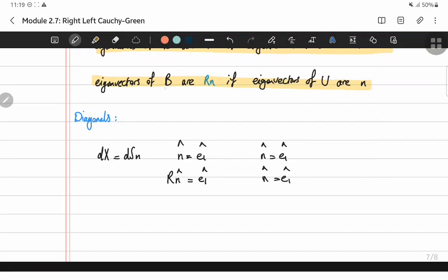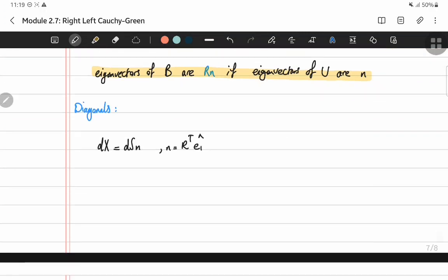But here for B, these are Rn. So Rn is equal to E1. So to get rid of this R on the left-hand side, we just multiply by R transpose. So this becomes I. So n is now R transpose E1. That's why we write here n, where n is equal to R transpose E1.